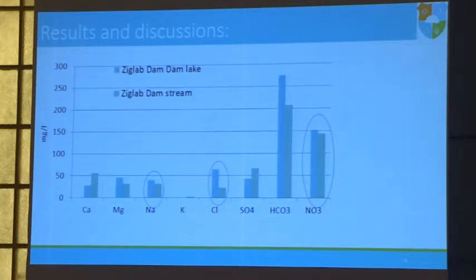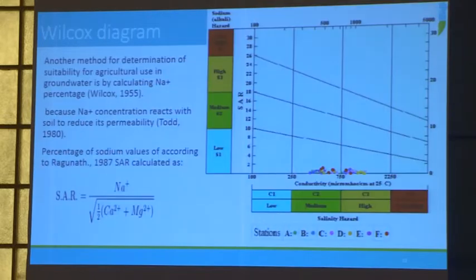For Ziqlab Dam, the case study is maybe in the opposite direction. The water quality in the dam is not much better than the surface water that supplies the dam itself. But as I said, in King Talal Dam, the difference between the water qualities was obvious to us.